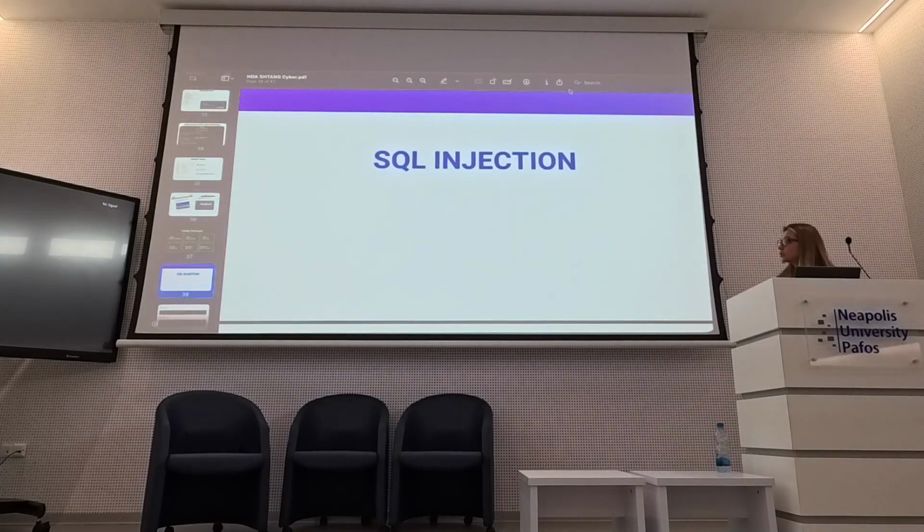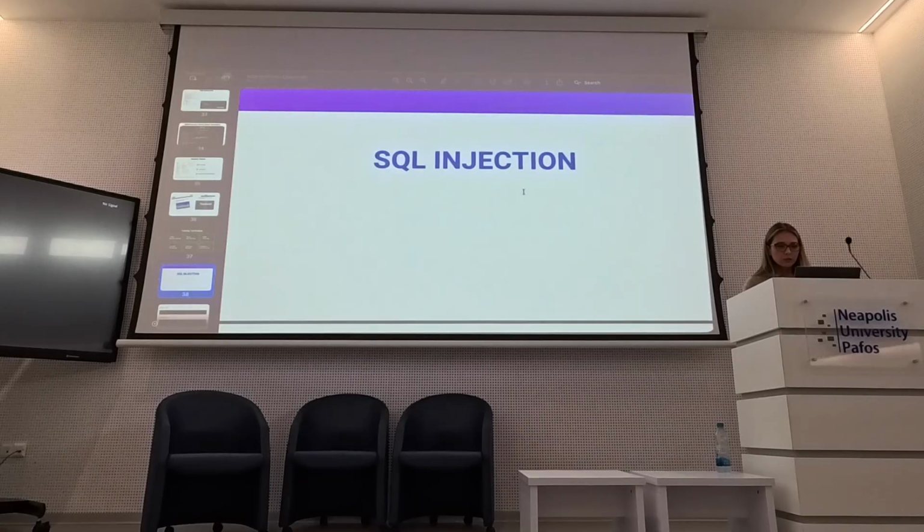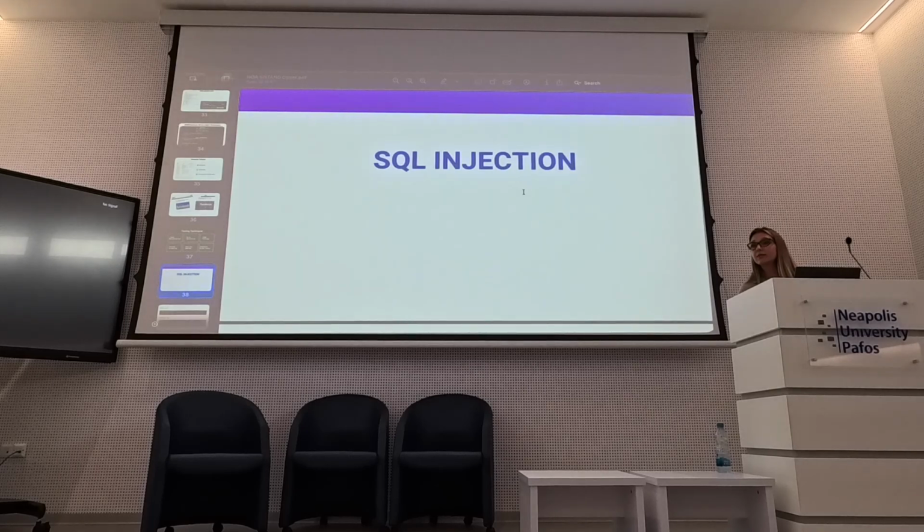And the last section, SQL injections. They happen when untrusted user input is included in the database query without proper validation. Then an attacker can get access to information or can add something to your database.